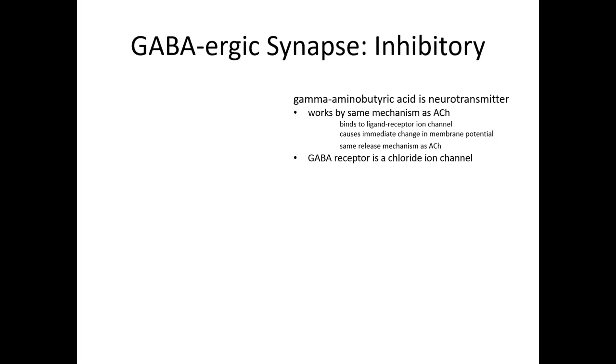Okay, in contrast to that, the GABA receptor is not on that type of an ion channel, but is on a chloride ion channel, meaning it's going to allow chloride movement. And I also want to point out the acetylcholine ion had a positive charge, but chloride has a negative charge.